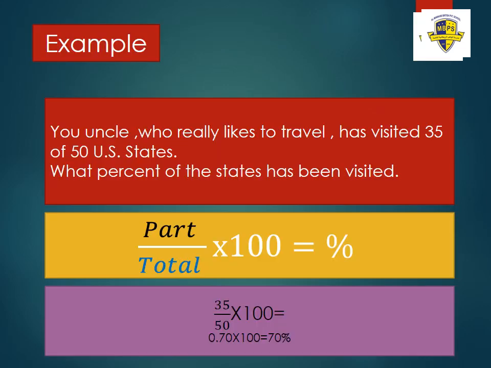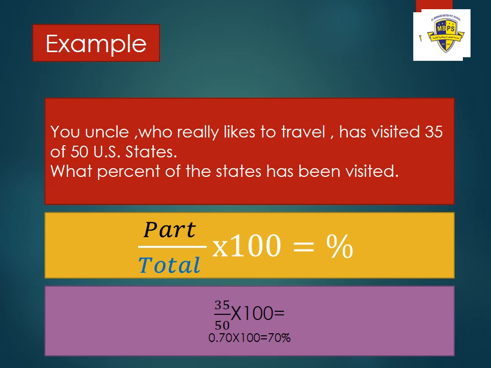Example: your uncle, who really likes to travel, has visited 35 of 50 US states. What percent of the states has been visited? Remember, we multiply the fraction by 100 and we get the percentage. But what's the fraction we have? We have the part 35 from the whole 50. So our fraction is 35 out of 50, multiplied by 100.